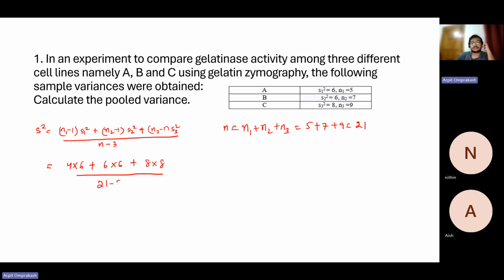This 21 minus 3. We have 24 plus 36 plus 24 divided by 18. 124 divided by 18 is approximately 6.88. So the answer here will be 6.88.